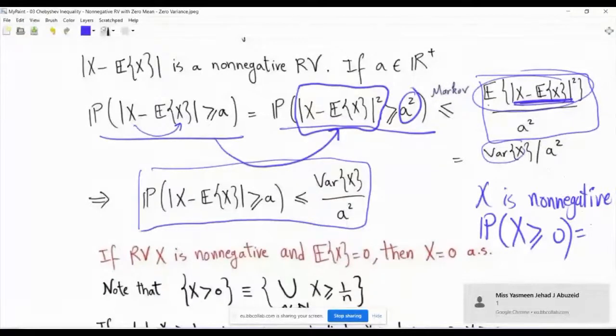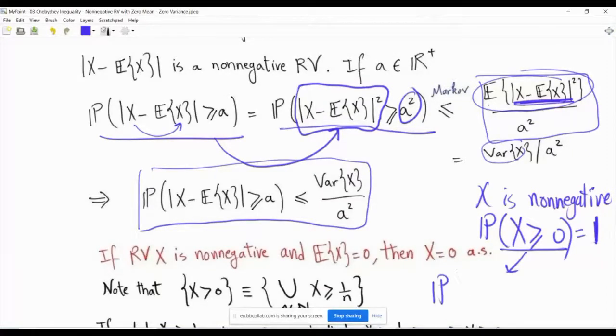It is 1, exactly, because X is non-negative, so it is guaranteed to be greater than or equal to 0. So here is the trick. What is this probability? It is the probability that X is exactly equal to 0 plus the probability that X is strictly greater than 0. So this is equal to 1.